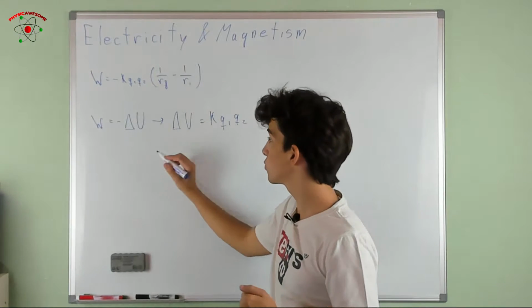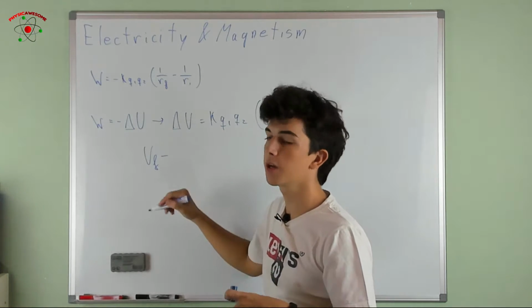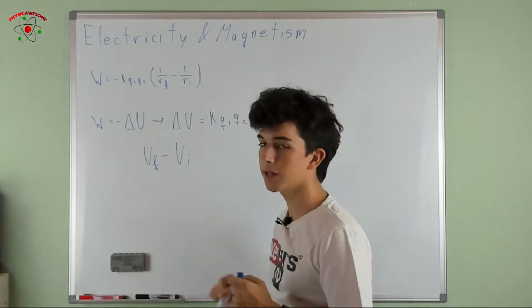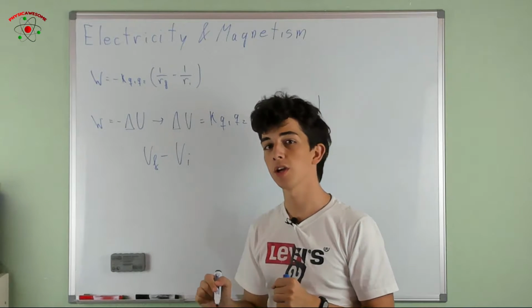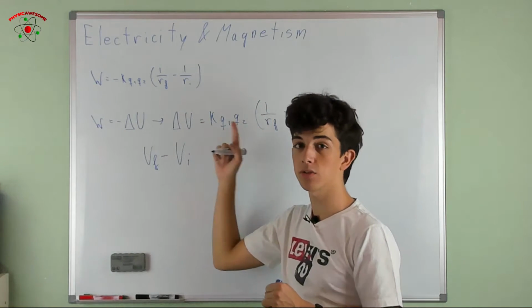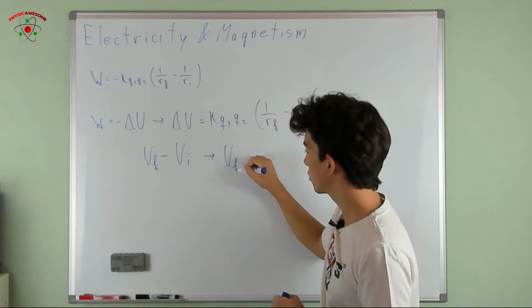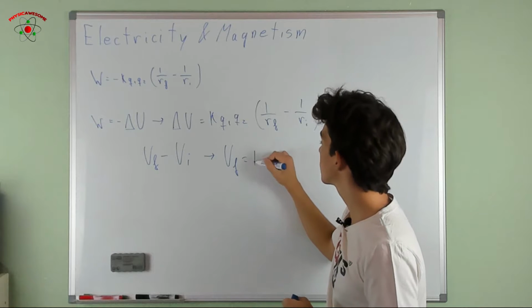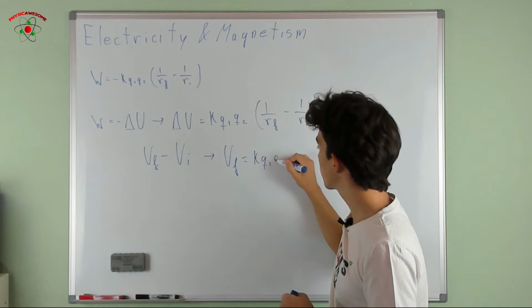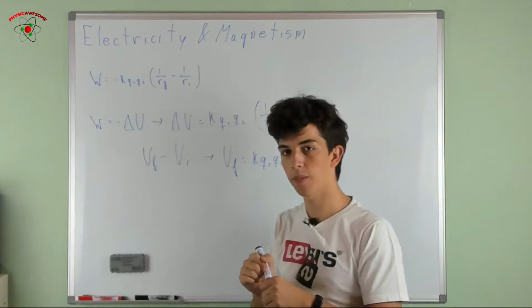This change is really the final potential energy minus the initial potential energy, which means that we can deduce from this situation that U final equals k q1 q2 over r final.